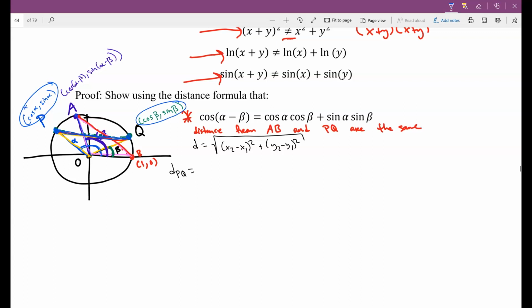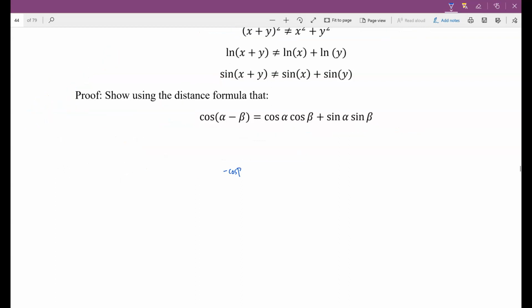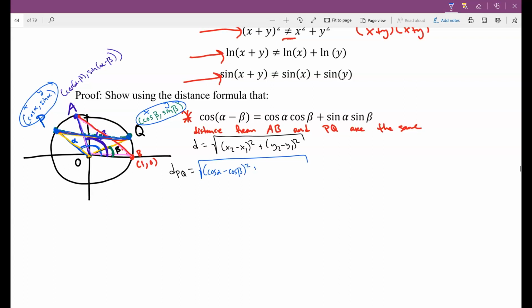We know that this is x and this is y, so we can label them x1, y1, and plug them into the formula. So what we're going to get is a square root. The first thing is going to be cosine alpha minus cosine beta squared plus sine alpha minus sine beta squared.